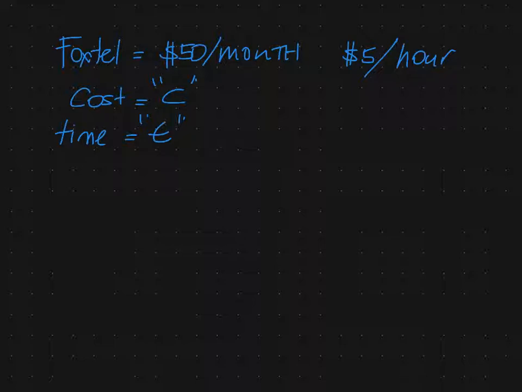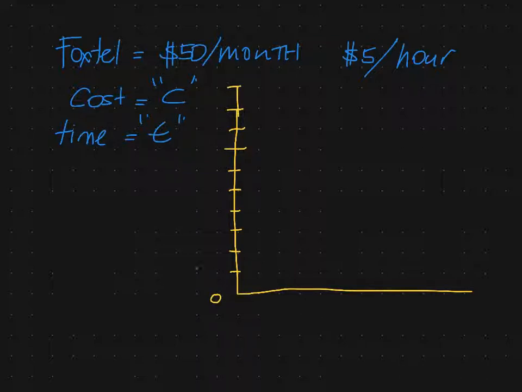Okay, so let's sketch a graph that depicts what we've just said. So here we've got our point of origin. Let's say we go 1, 2, 3, 4, 5, 8, 9, might go one more. So we've got 10, 20, 30, 40, 50, 60, 70, 80, 90 and 100.